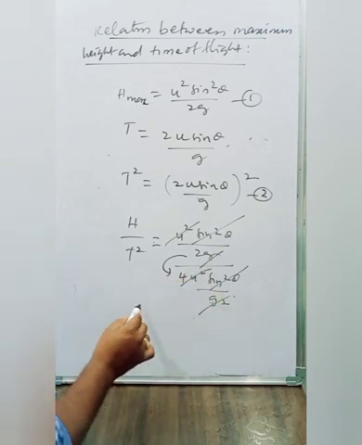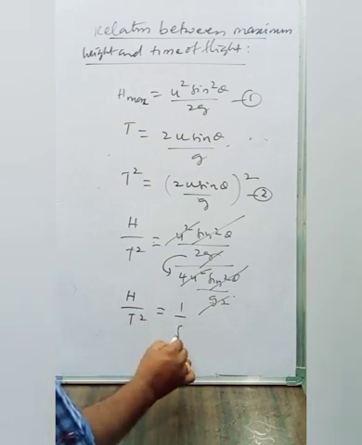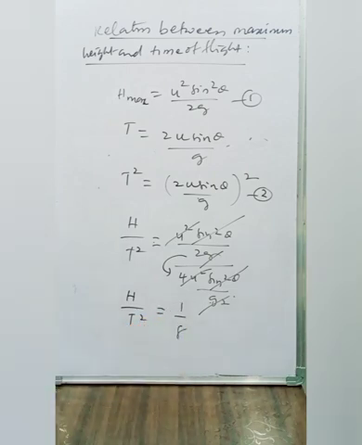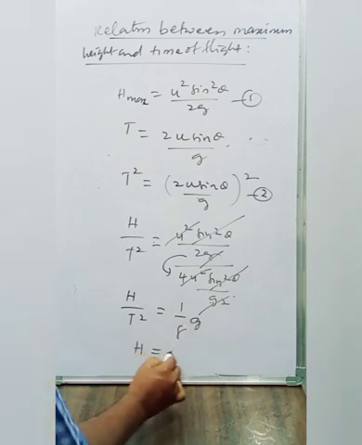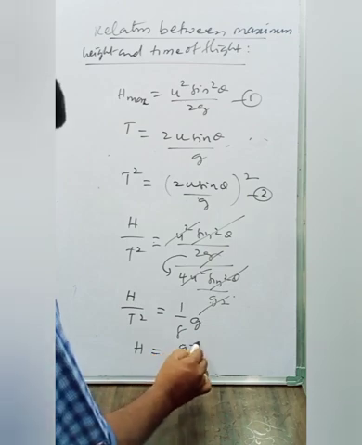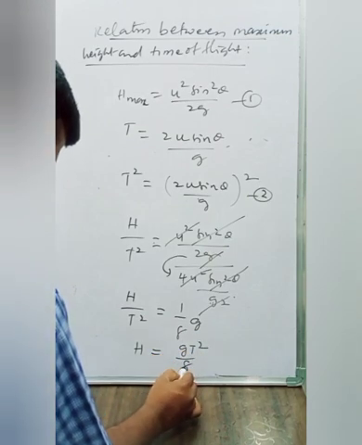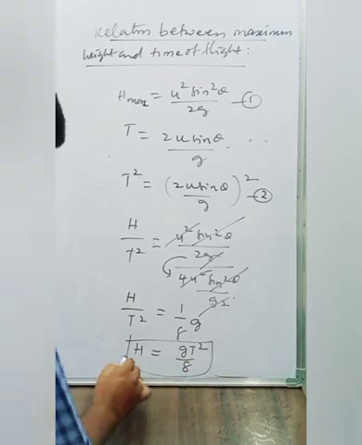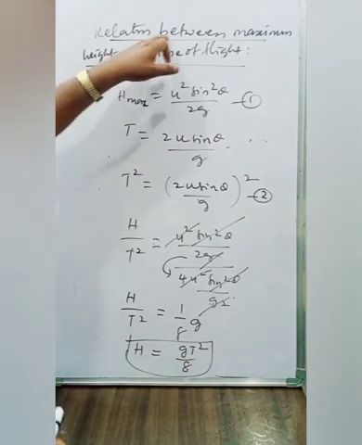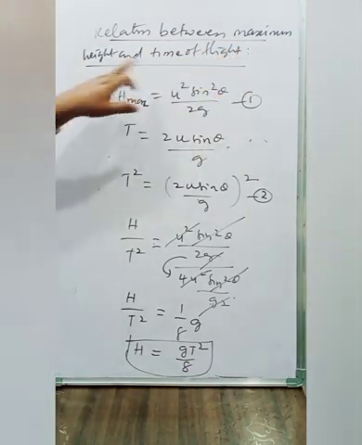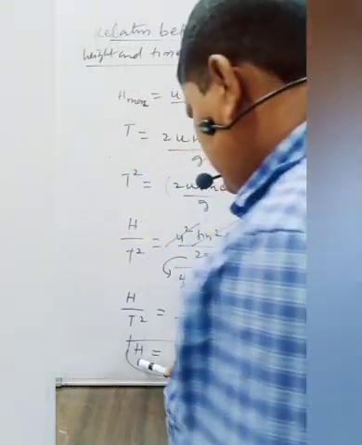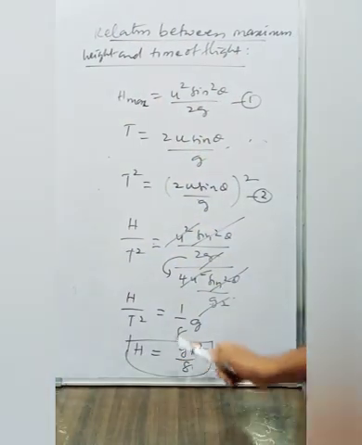So h by t square is equal to g by 8, or h is equal to g t square by 8. This is one of the relations between maximum height and time of flight. So we have h is equal to g t square by 8.